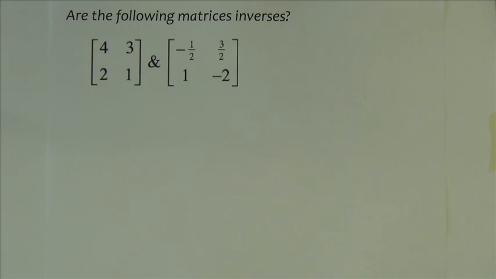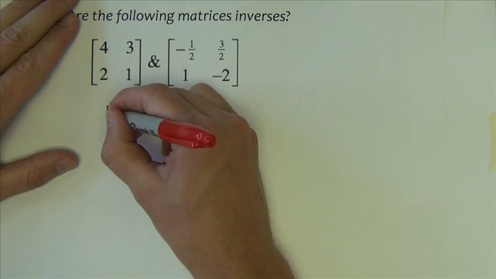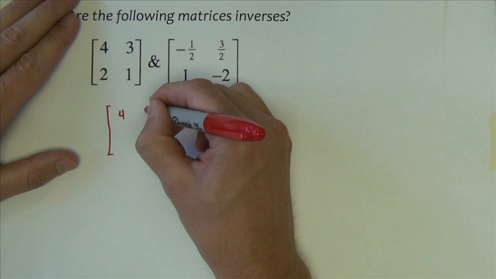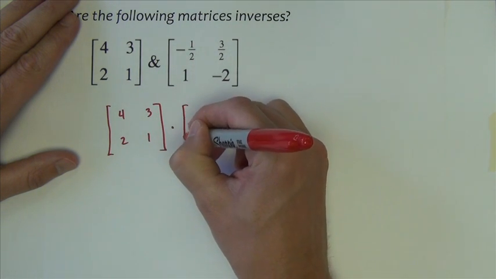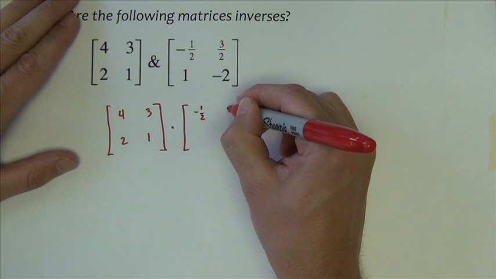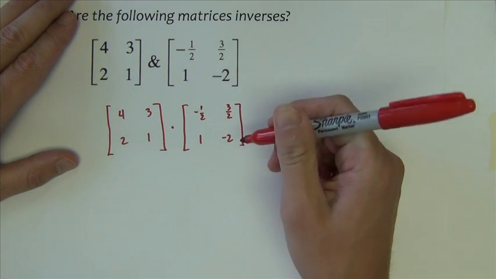First example, are the following matrices inverses? Well, we said when we defined inverses that the product of a matrix and its inverse is the identity matrix. So what we want to do is multiply these together: 4, 3, 2, 1 times negative half, 3 halves, 1, negative 2.